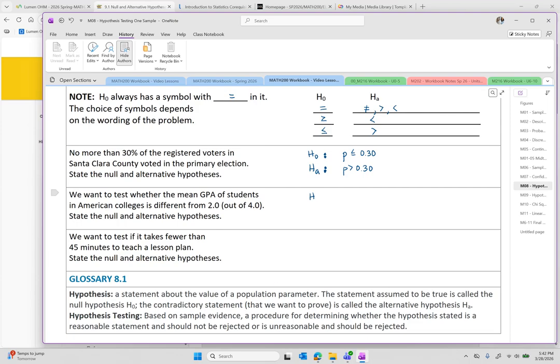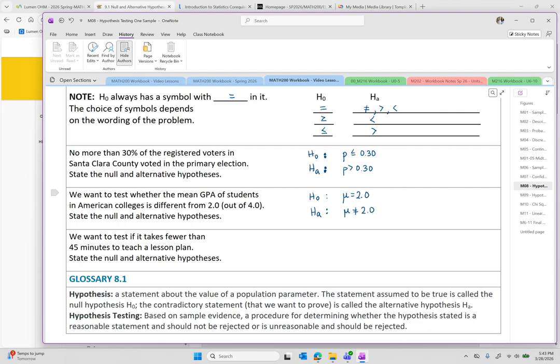The null hypothesis will be that we assume that the mean GPA of students in American colleges, this is the mean of the population of students in American colleges, is actually equal to 2.0. And then your alternative is what you are trying to prove, which is that the mean is different from 2.0, so not equal to.